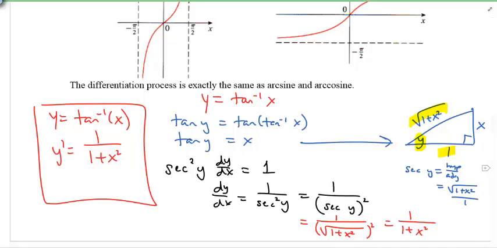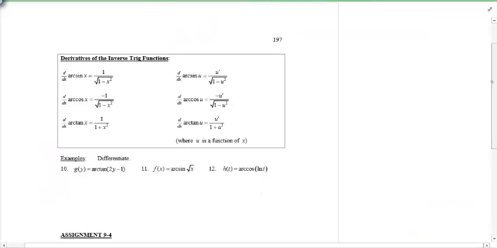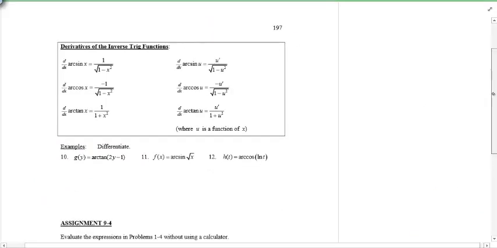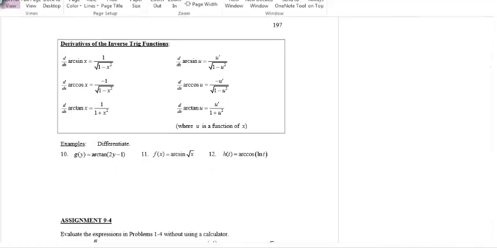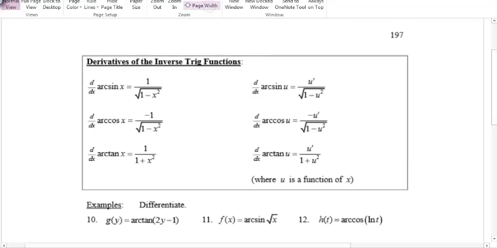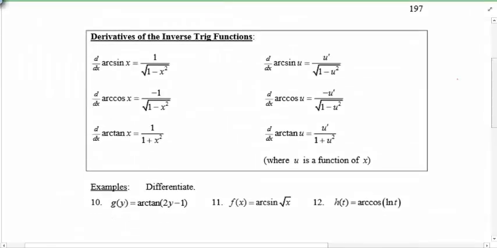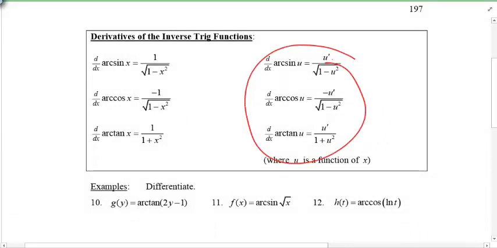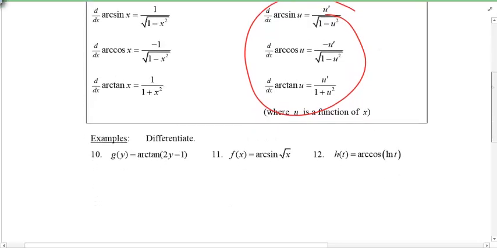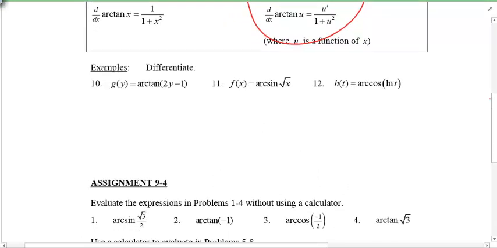Back to your notes. And now, if you look on page 197, you've got that nice chart that I just asked you to memorize. And of course, the right-hand side here are all the things with chain rule. And of course, things wouldn't be fun without chain rule. So with the remaining 3 examples, can you now actually differentiate these functions?